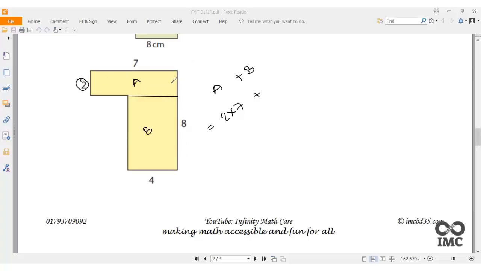If this one is 2, then it must be 2. So 8 minus 2, that will be 6. So for B, we can say length is 6, breadth is 4. 6 multiplied by 4. So 2 sevens are 14 plus 6 fours are 24. 14 plus 24 will be 38 centimeters square. And this is the solution of this problem.